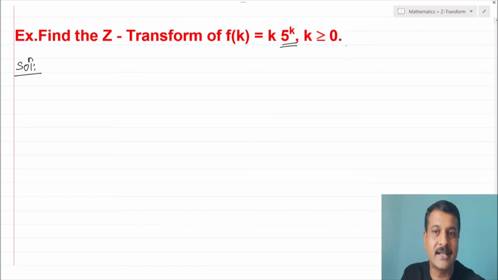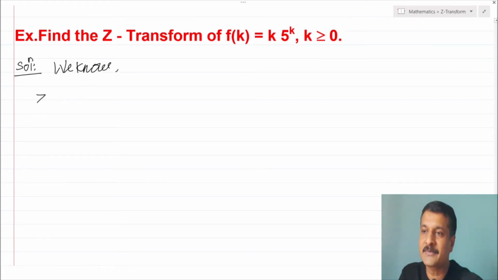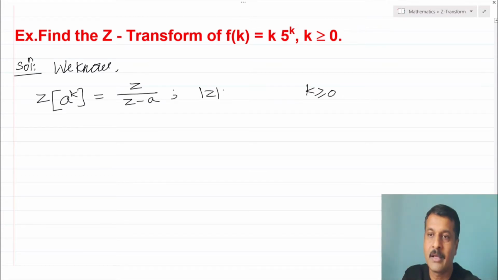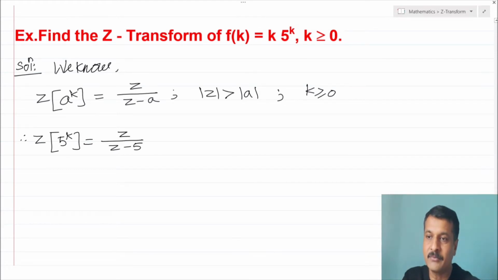We know by the standard Z transform, Z transform of a raised to k, when k is greater than or equal to 0, is equal to Z upon Z minus a, where mod of Z is greater than mod of a. Therefore, Z transform of 5 raised to k equals Z upon Z minus 5, where mod of Z is greater than 5.